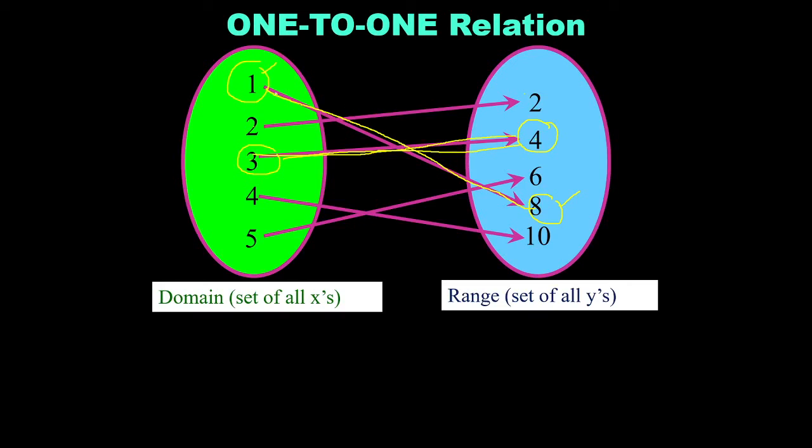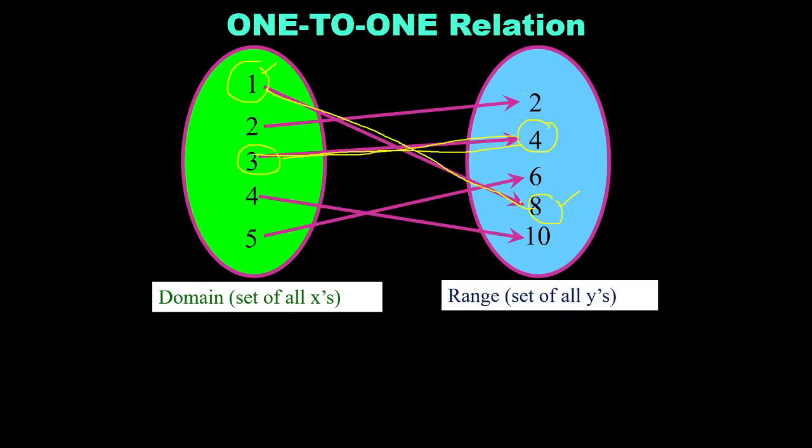So it should only be one-to-one relation. If I relate that into real life, a concrete example of a one-to-one relation is a married couple, a husband and a wife. So it's a one-to-one relation.